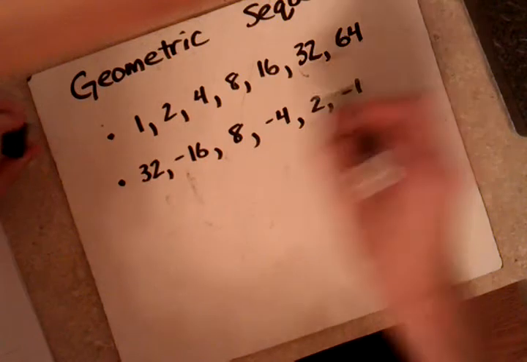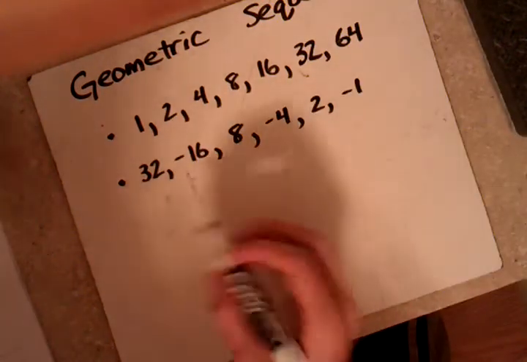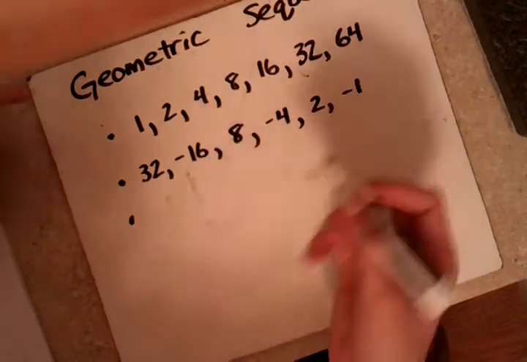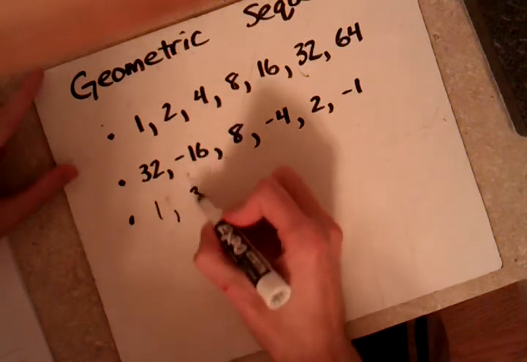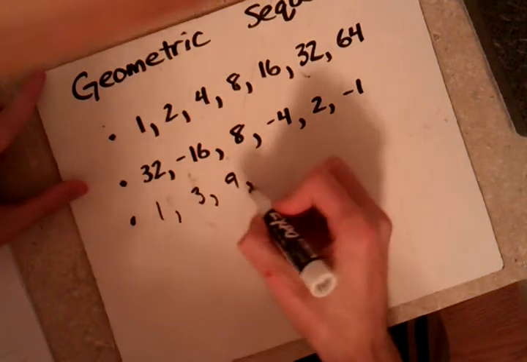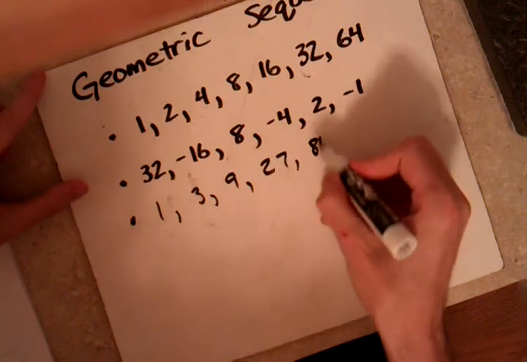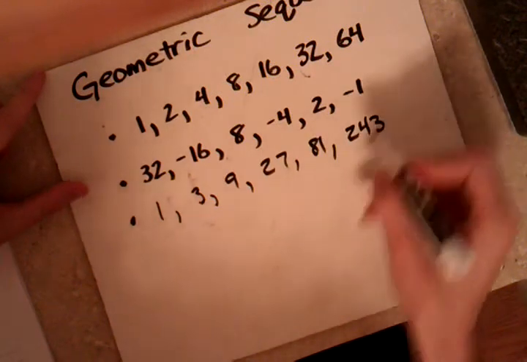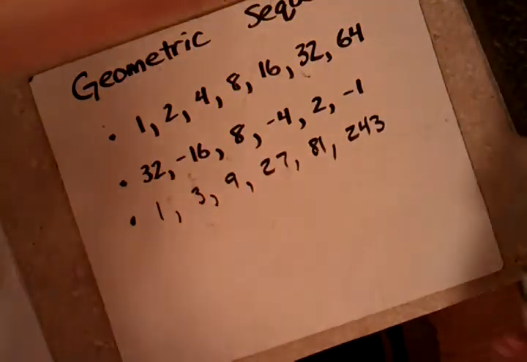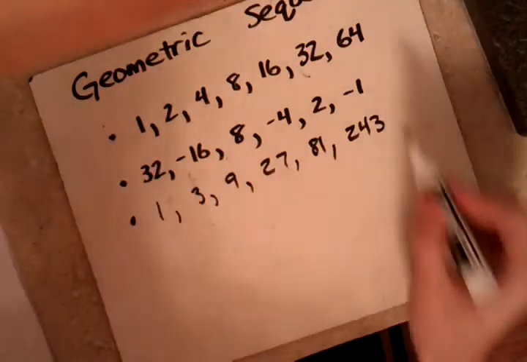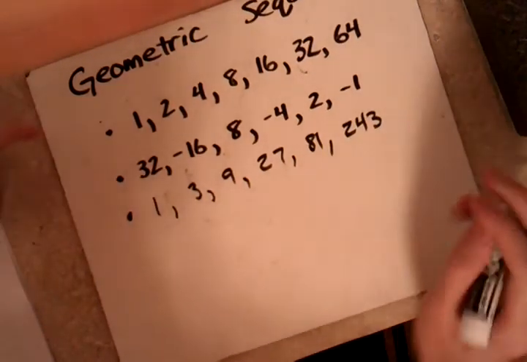In other words, the sequence can increase or decrease. And there's no reason that it has to be 2 or a half. You could also multiply by 3, like so. Or multiply by anything you wanted to, really. So these are 3 examples of geometric sequences.